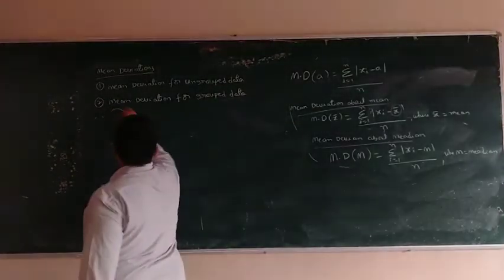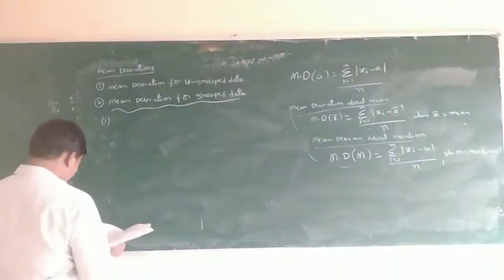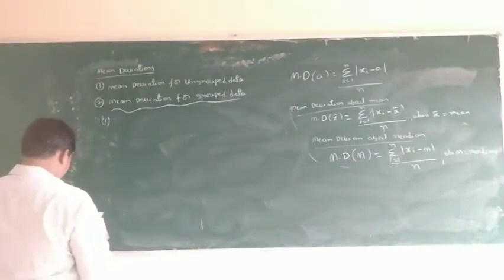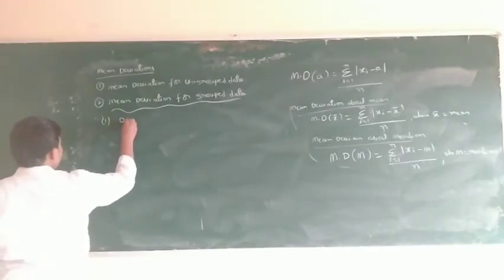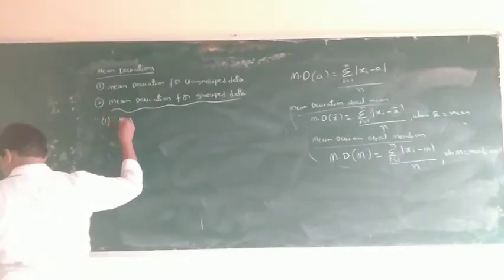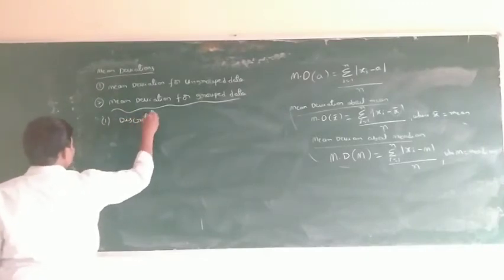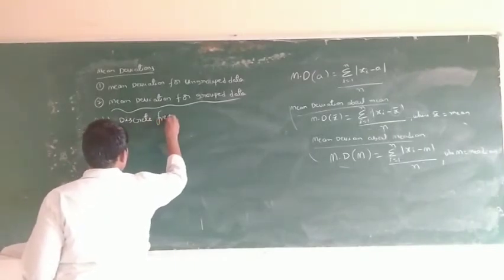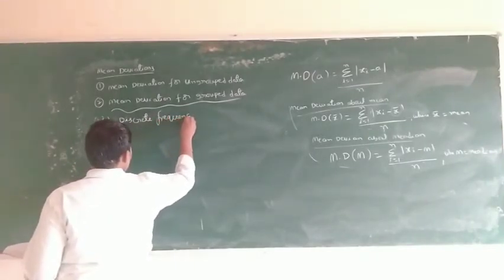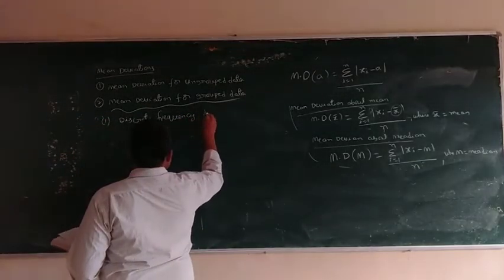Mean deviation for grouped data is of two types. First, discrete frequency distribution.